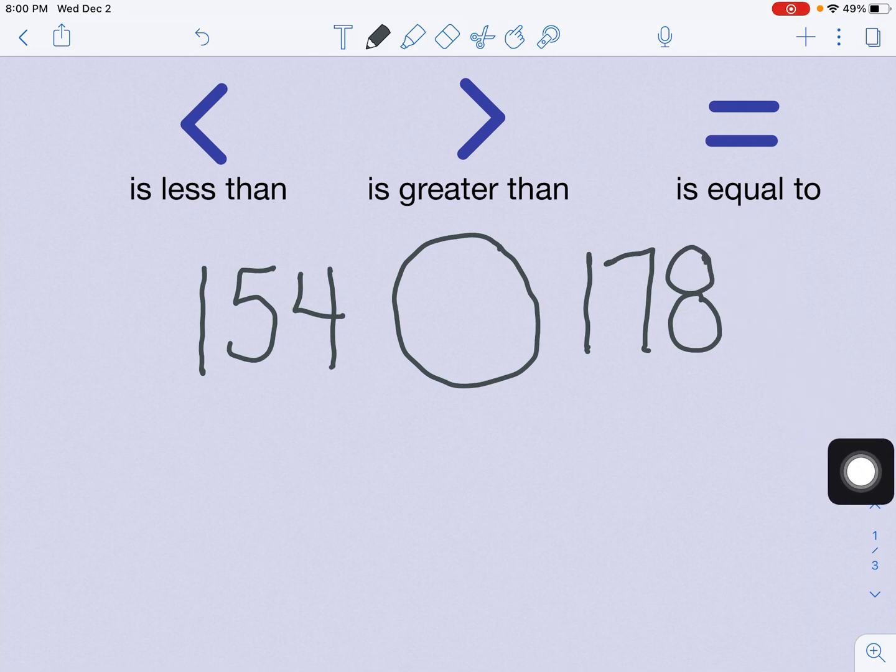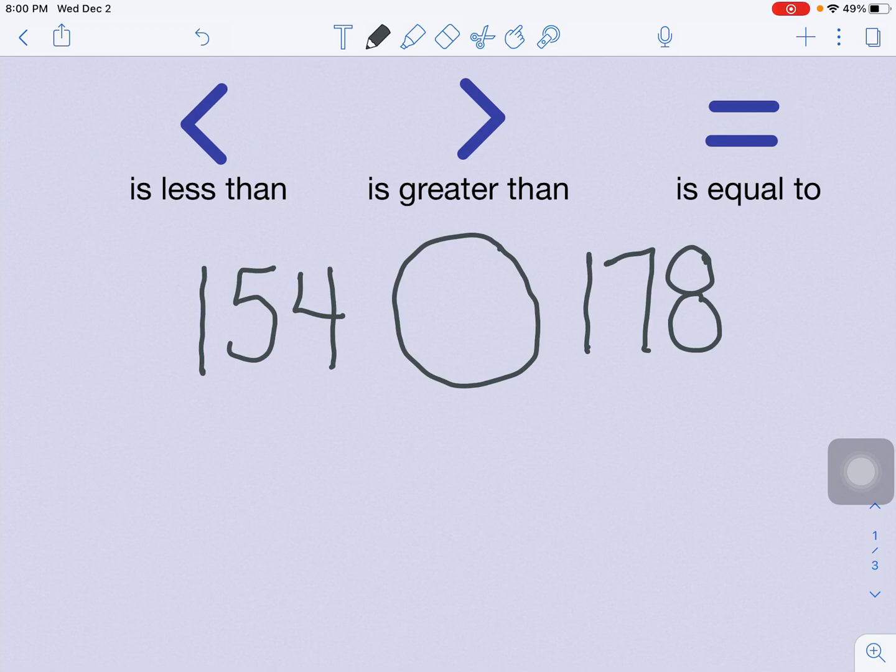So when we are looking at these numbers, why do we compare the hundreds first? The hundreds have the greatest value in these numbers. If one number has more hundreds than the other number, I know that that number is greater. But in this case, what if the numbers you are comparing have the same number of hundreds?